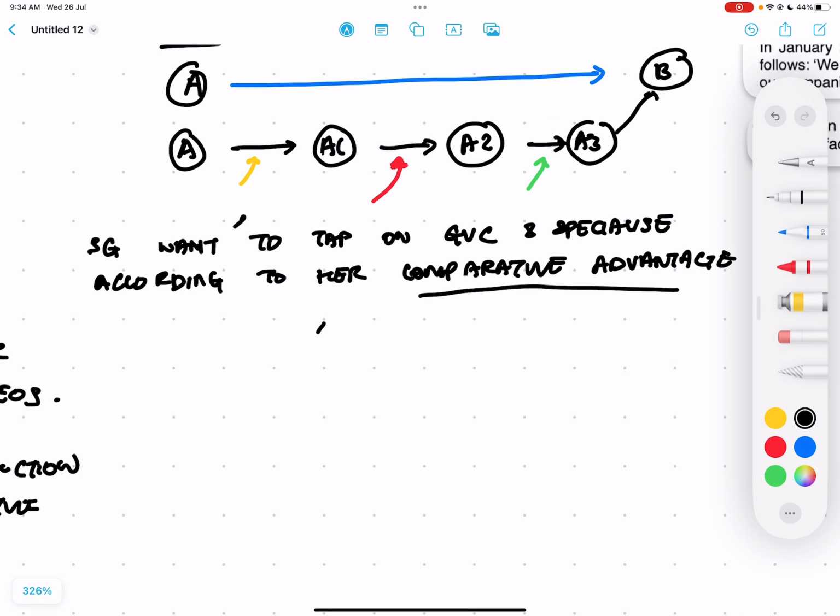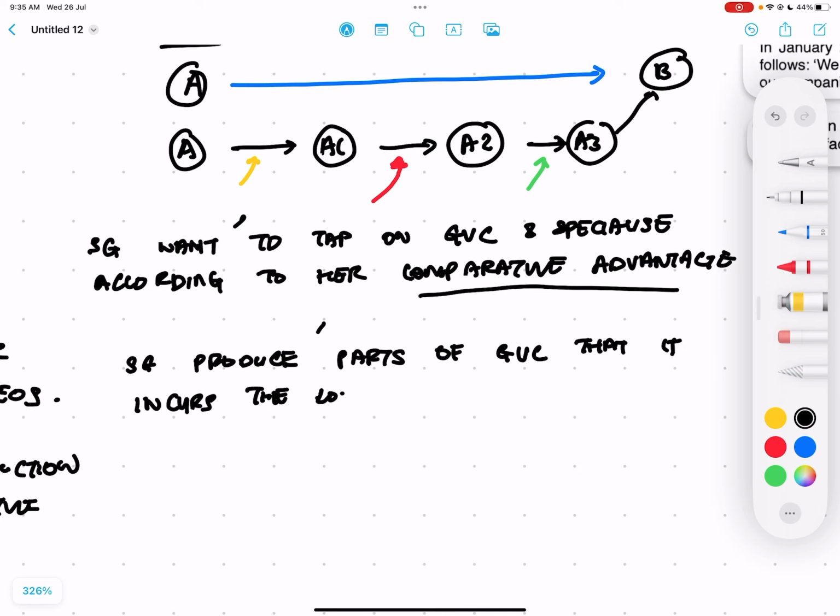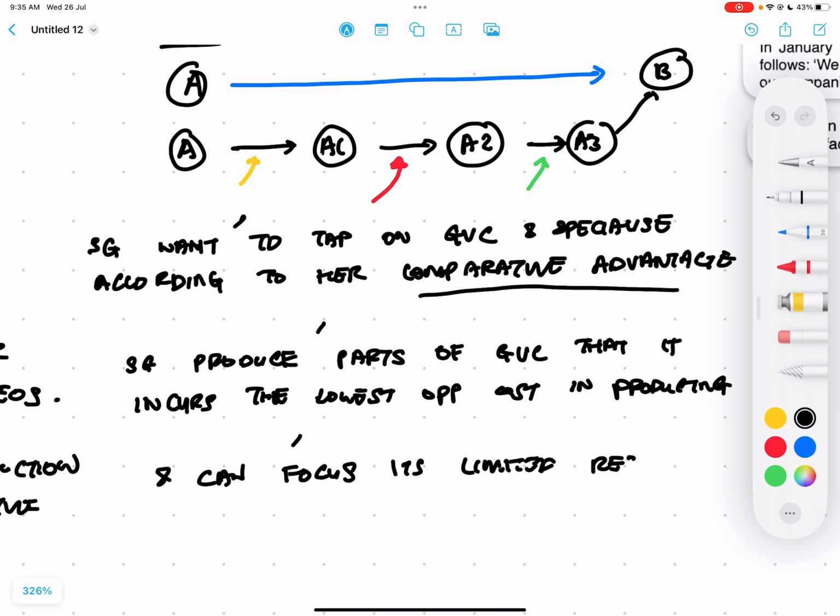This means that SG will produce parts of the global value chain that it incurs the lowest opportunity cost in producing, and can focus its limited resources most productively.